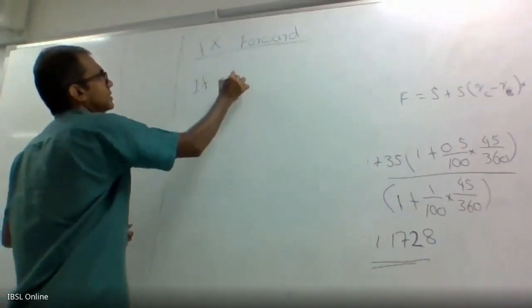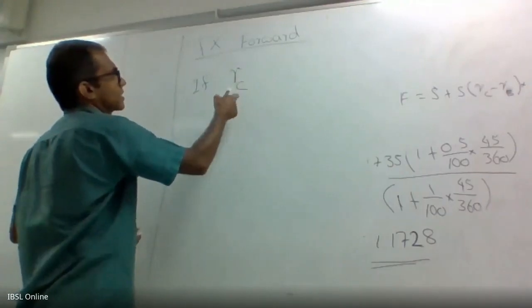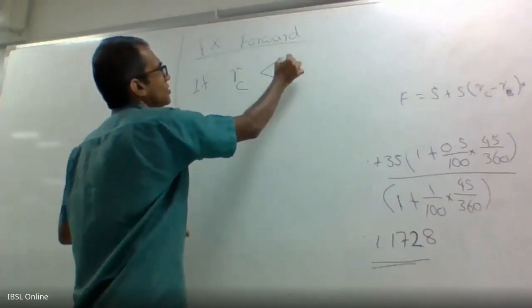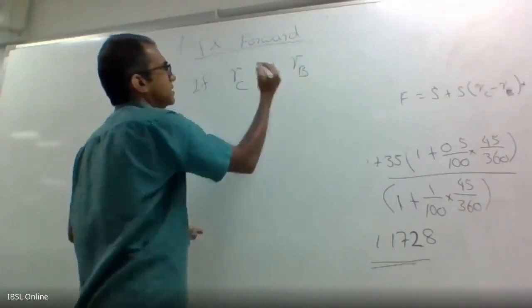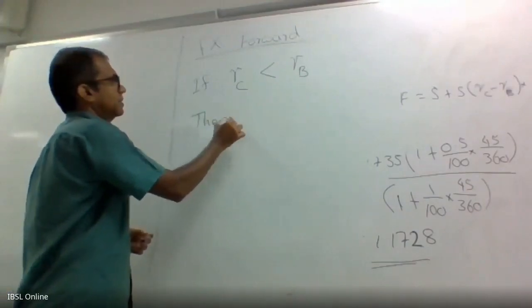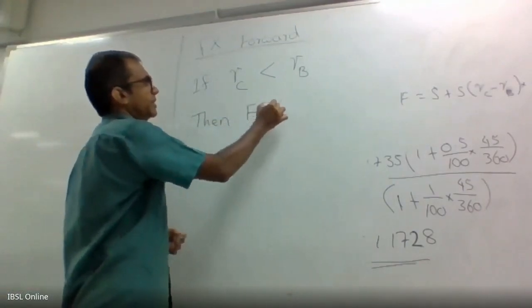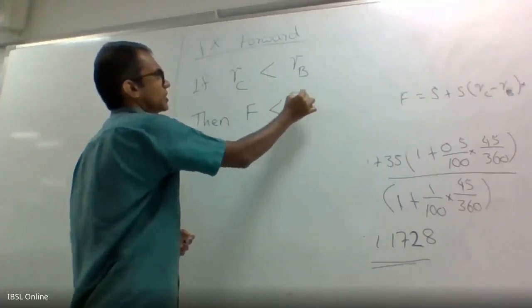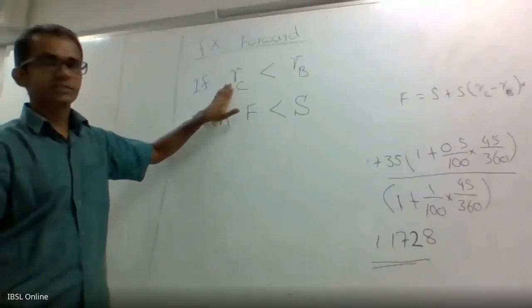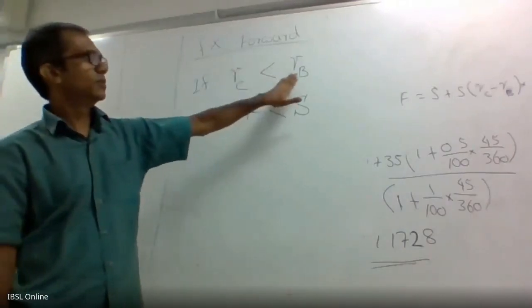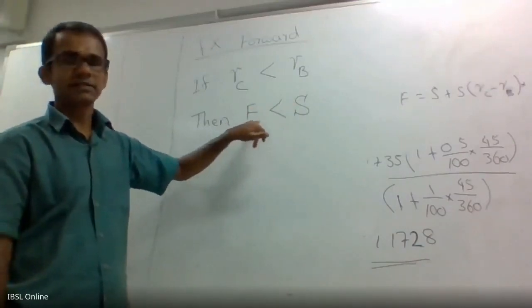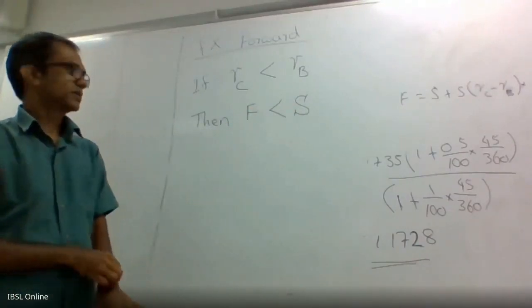If counter currency interest rate is lower than the interest rate of the base currency, then forward rate is smaller than the spot rate.